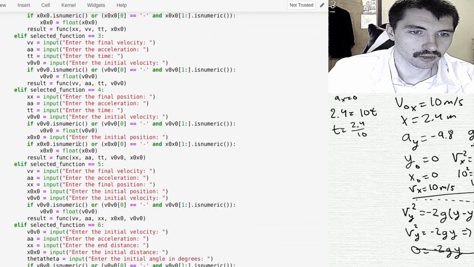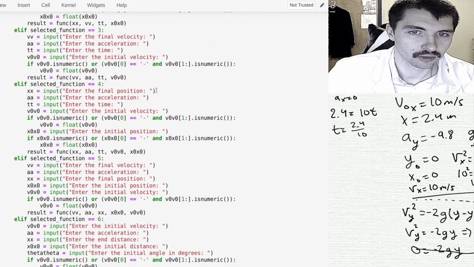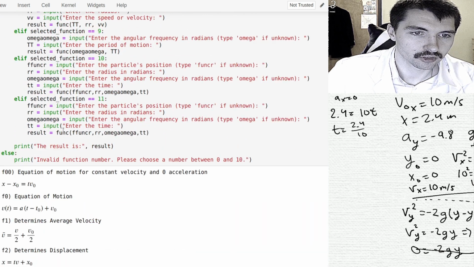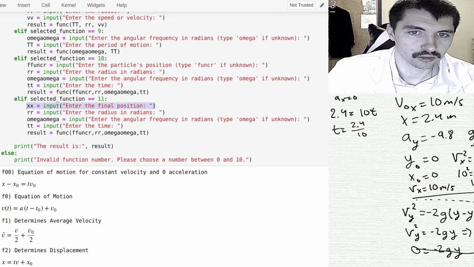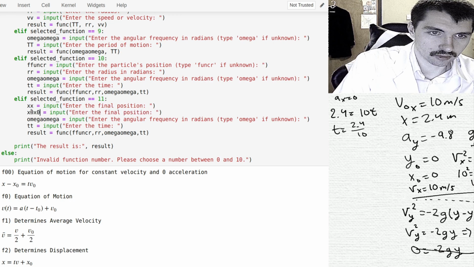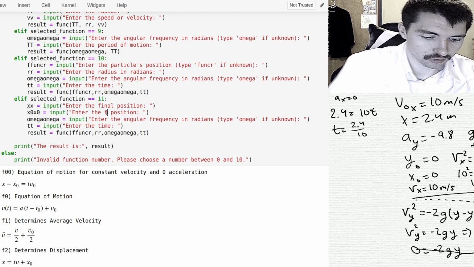X is the final position. X naught is essentially the initial position.